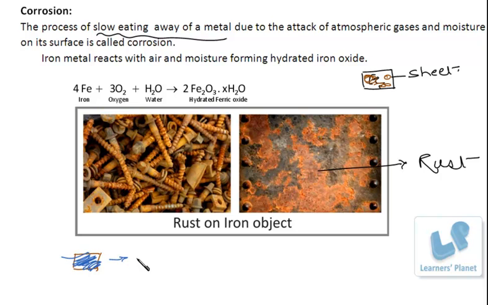So it will not get corroded, and iron will be protected. So this is what rust on an iron object, or corrosion, is. We can protect iron objects by painting them.